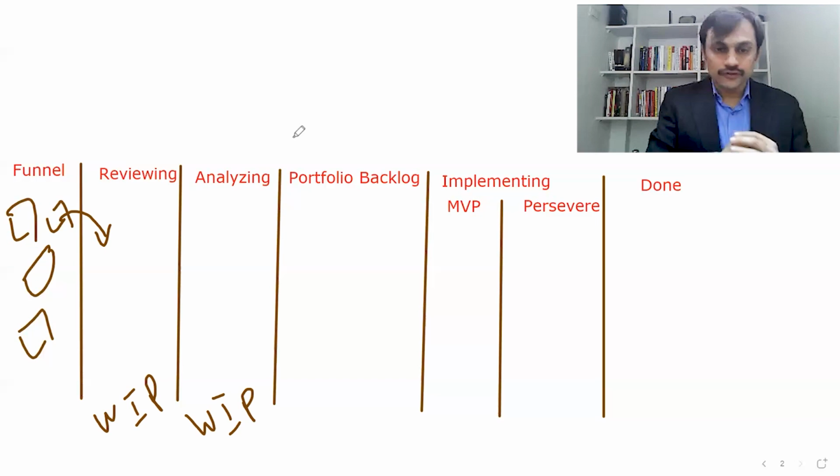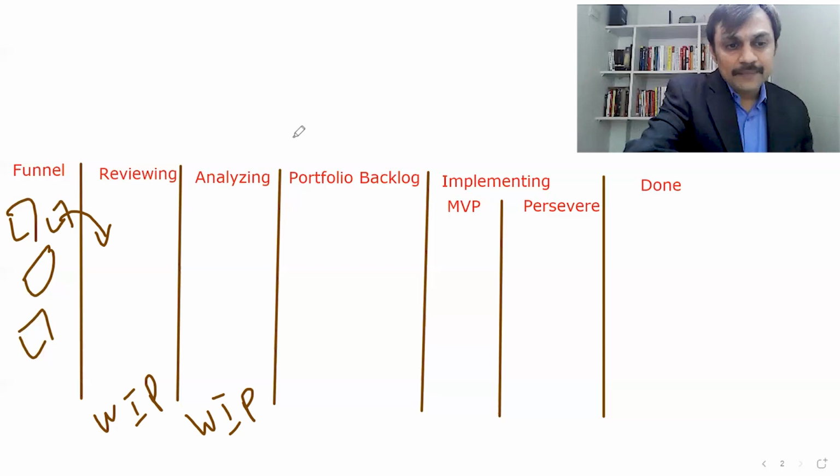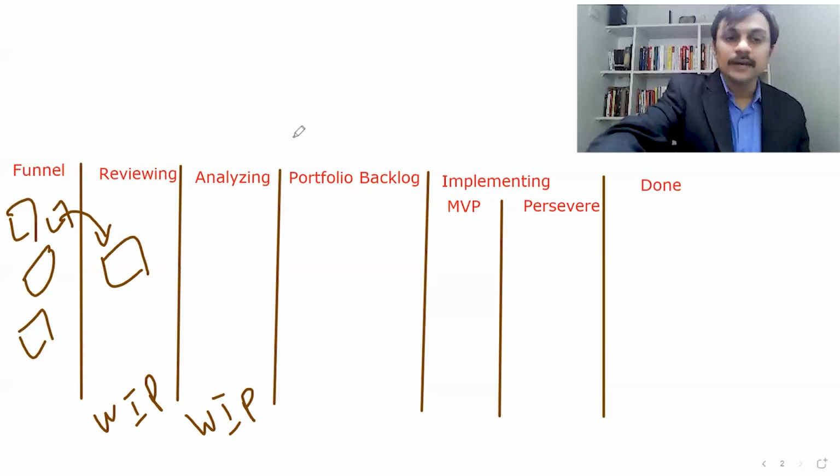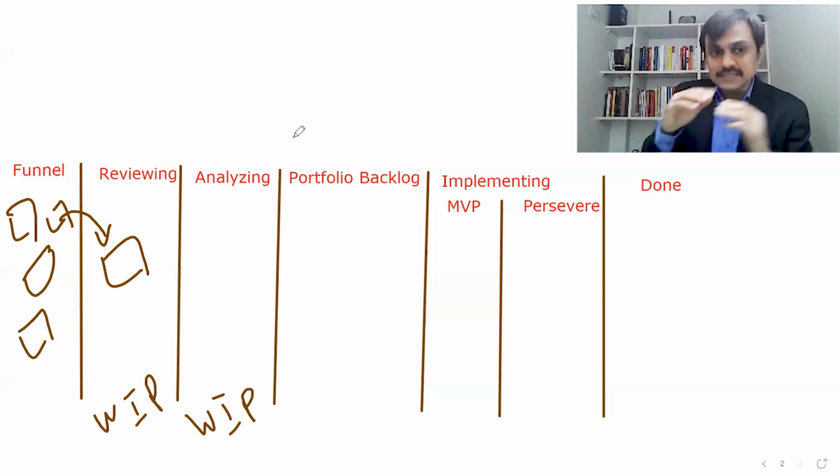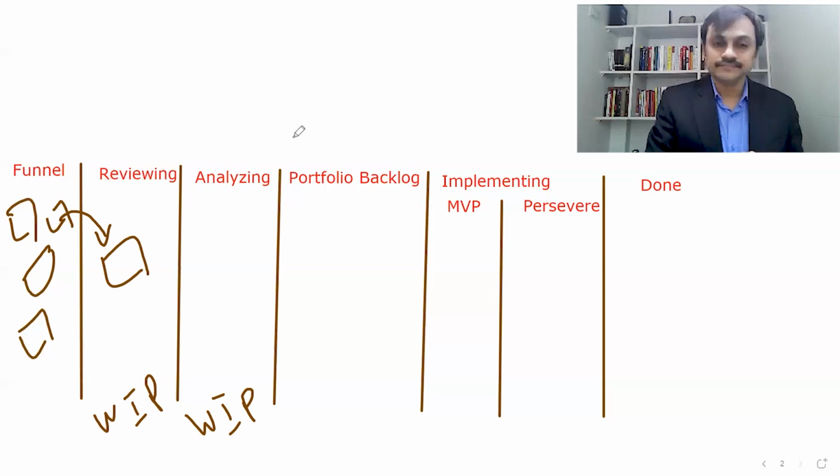So the first level of reviewing happens when we bring this epic into a review stage. Depending upon how many epics are already in a review stage, we want to make sure that the current ones are moving next. That's why we are picking up new epics. So here the epic owner first gets attached to the particular epic.